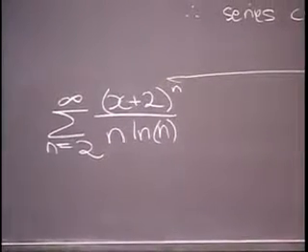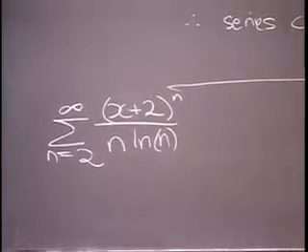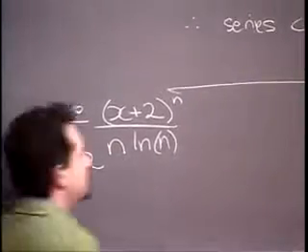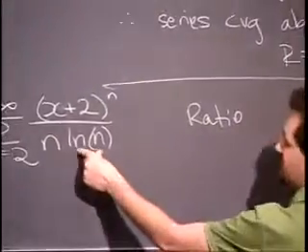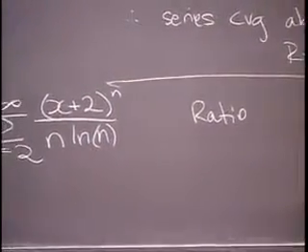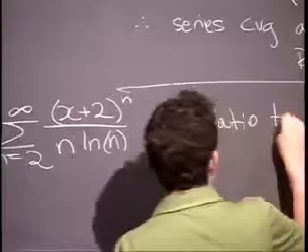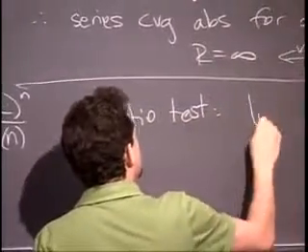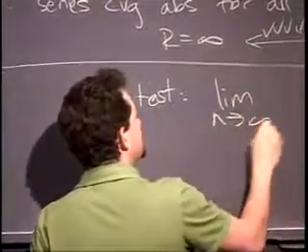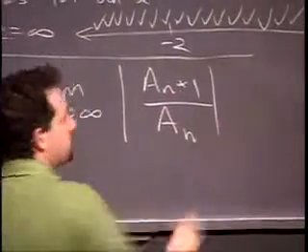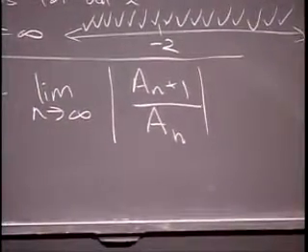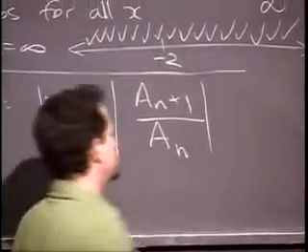How do I deal with that same sort of problem? Okay, well, ratio test again. No, it's not so easy to take the nth root of log n. Not so bad, but I think the ratio test is easier. So I take the limit as n goes to infinity, absolute value of a_{n+1} over a_n. This should be pretty automatic by now. We've been using the ratio test a lot. You've got to be able to set that up.